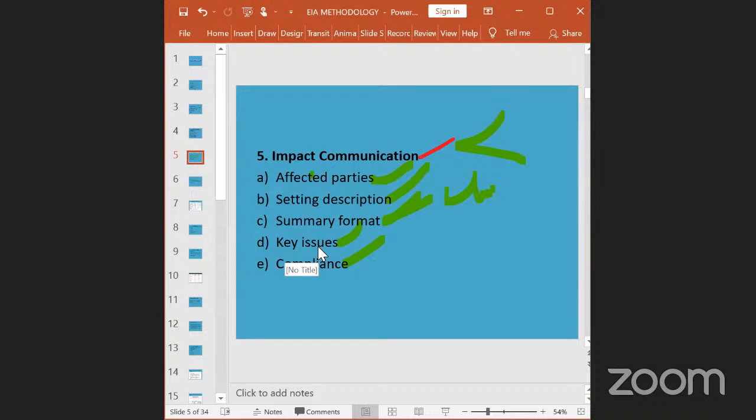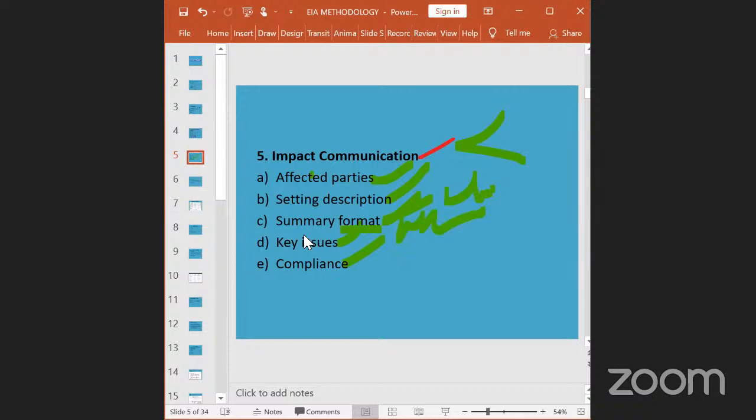It should provide the results of the impact analysis, summarized in some format, that will give users, who range from the lay public to the decision makers, sufficient details to understand it and have confidence in its assessment, right?